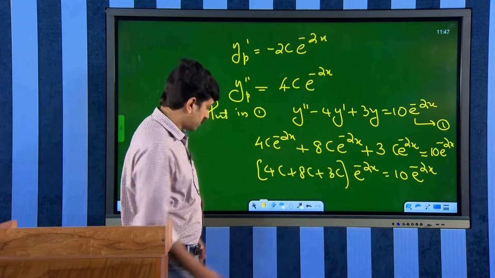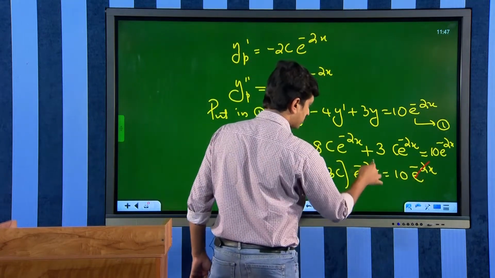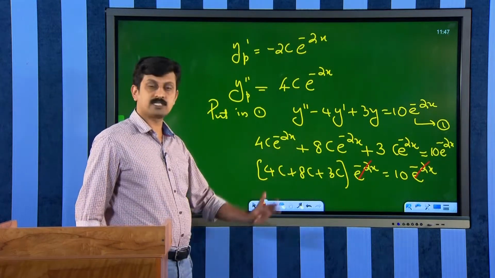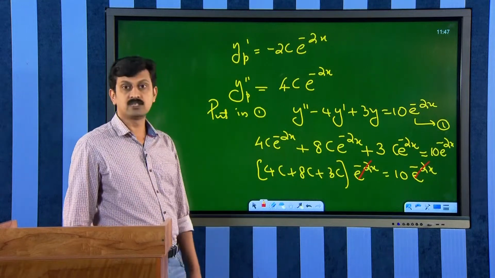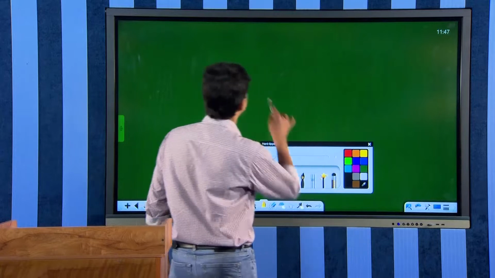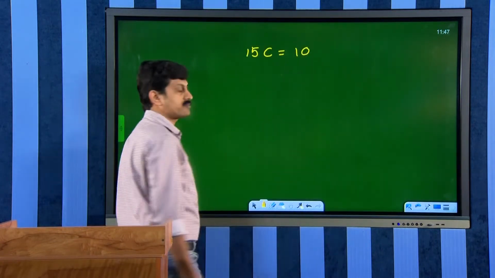On both sides we have e raised to minus 2x, so we can cancel it, and we have 4c plus 8c is 12c, 12c plus 3c is 15c. Finally, 15c is equal to 10.